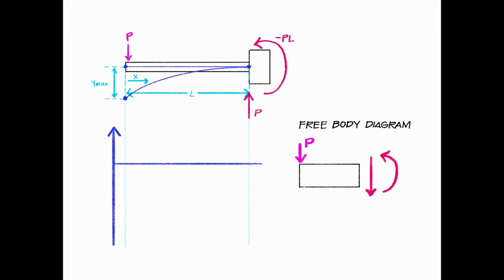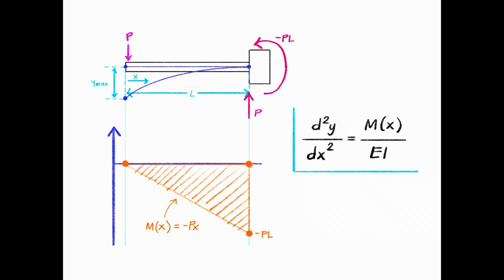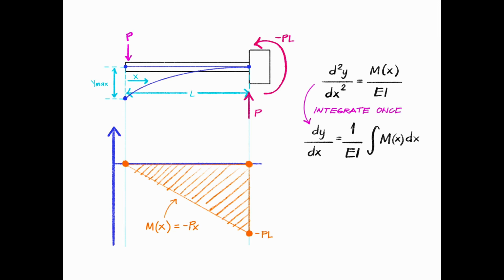We find that the bending moment increases linearly with distance from the concentrated force P, giving us M equal to negative Px. We can substitute this expression for M into the deflection differential equation and apply the double integration method to determine the beam's deflection.